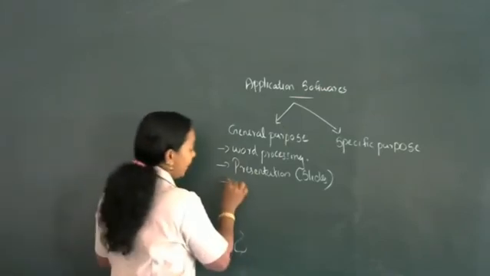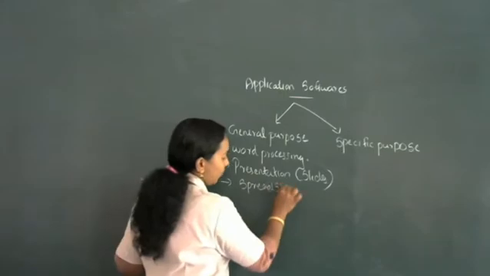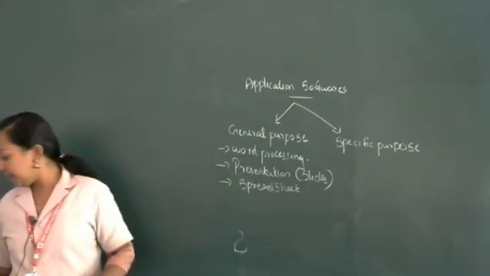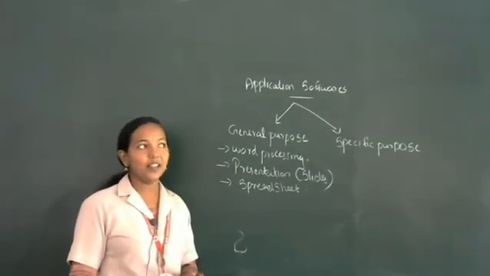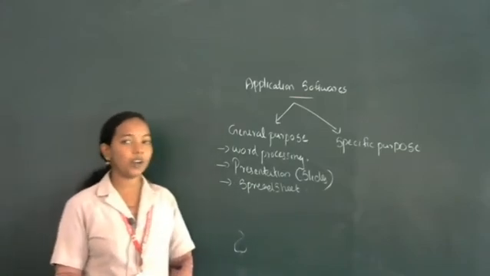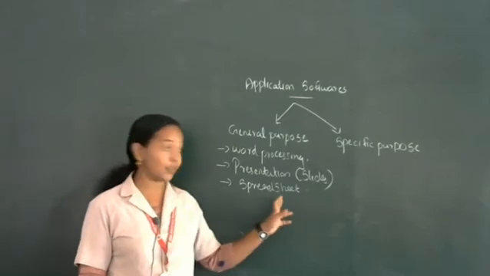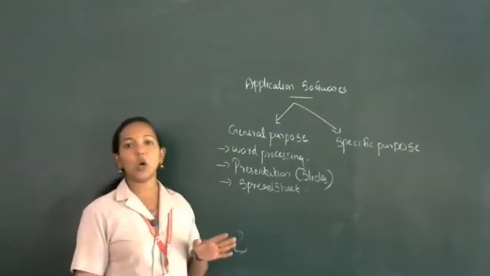Then next one is spreadsheet software. Spreadsheet means Excel, MS Excel. I think it is familiar. When you are in school, you get a consolidation mark list. That mark list is created using spreadsheet files. Rows and columns will come, no?